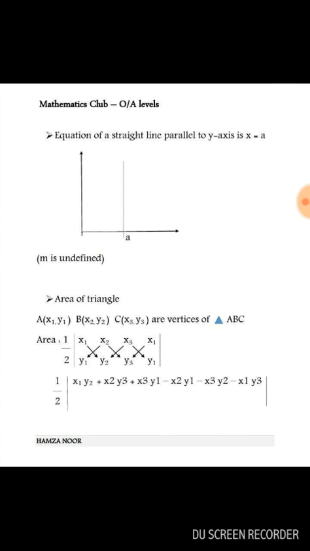Another topic is the area of a triangle. The basic formula for calculating the area of a triangle is half into base into height, or by the sine rule we can calculate it by half multiplied by AB into sine C. In this topic we are going to study a different formula.